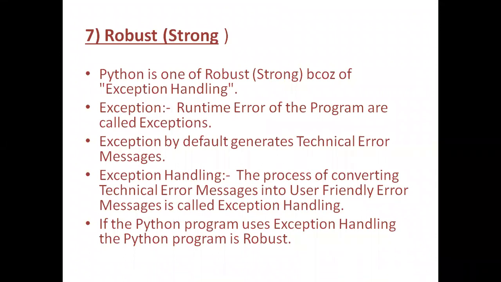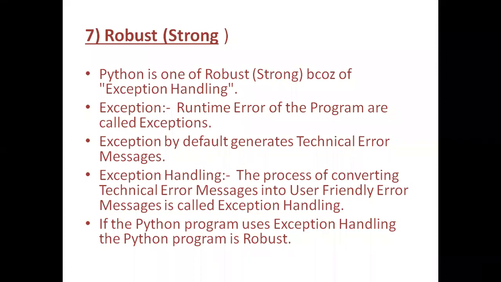So, runtime errors of the program are called exceptions. Exceptions by default generate technical error messages. We get technical error messages if we type something wrong. The process of converting technical error messages into user-friendly messages is called exception handling, because technical language is not understandable by the normal user. If you go to the ATM and get binary code or something, will you be able to understand? No, that is not an understandable language.